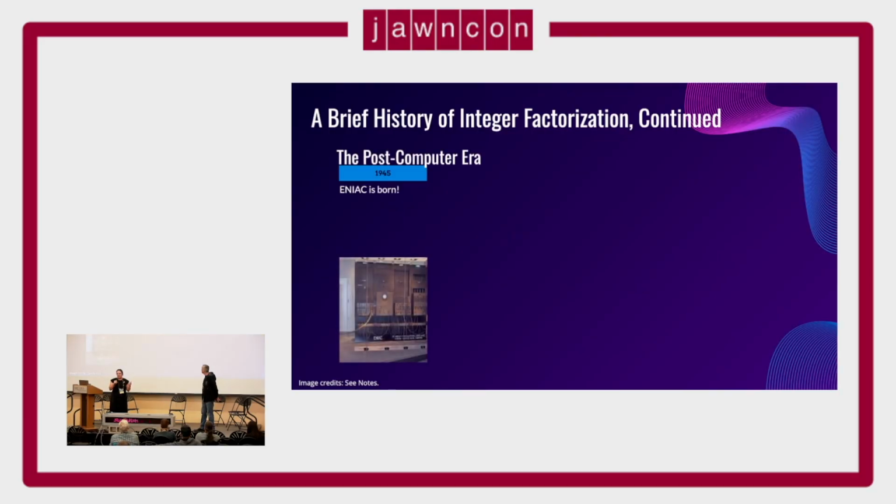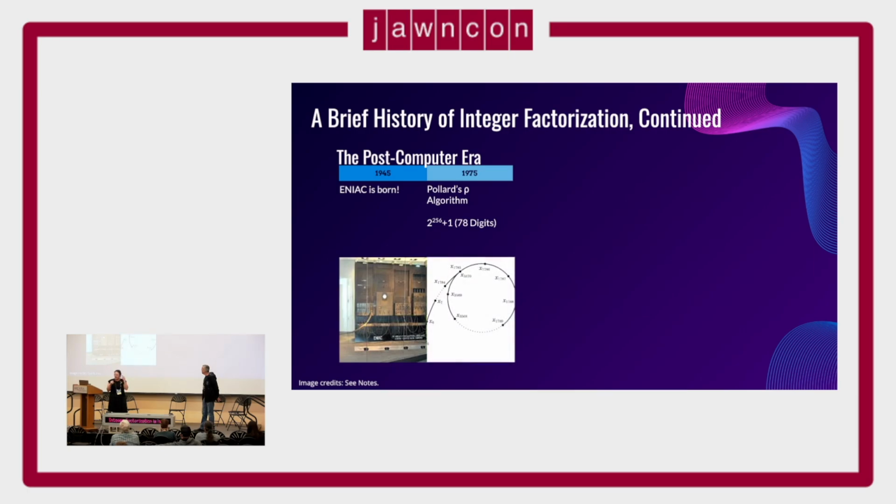So just to give you a little bit of a timeline here, ENIAC was born in 1945, although ENIAC was not constructed for factoring large numbers. Another algorithm called Pollard's rho algorithm came about in 1975. Up until the Quadratic Sieve, this was the most efficient algorithm for factoring large numbers, and it got up to a number that was about 78 digits long.